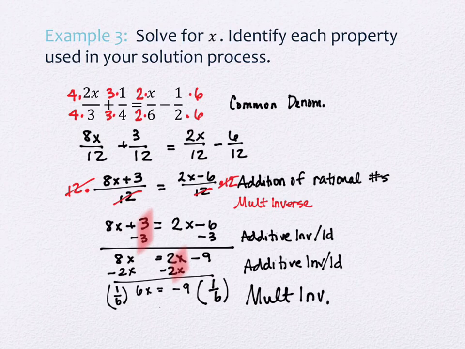And if I do that, again, I'll write it in this time just because we're using this new property in this section. I get 1x on the left. And I get -9/6 on the right. So that's the multiplicative identity. When I change that to just say x, I'm out of space. Let me do this.